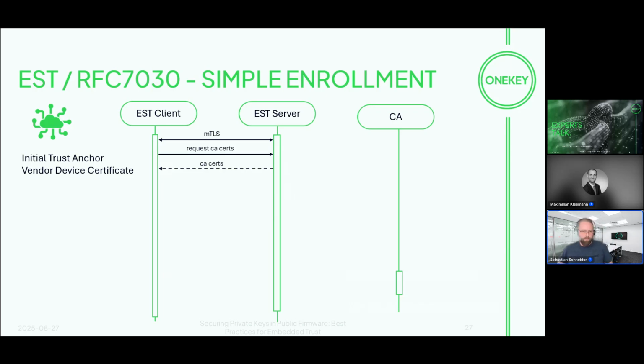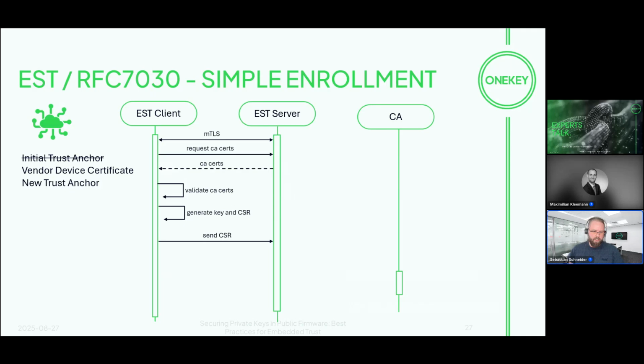So it will then invalidate the initial trust anchor and install the received CA certificates as new trust anchor. So now we installed the asset owner controlled CA certificates as new root of trust in the device.